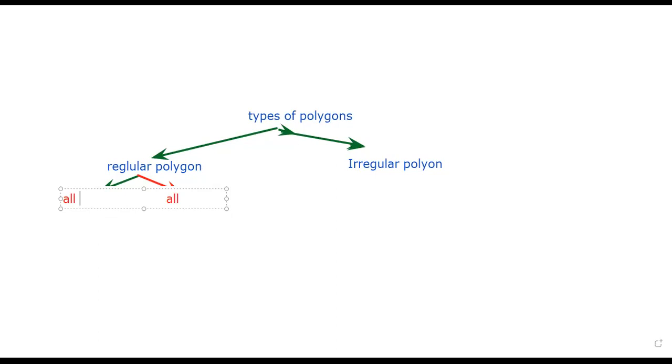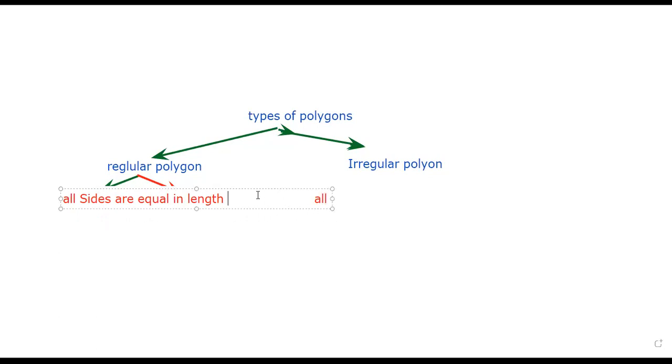All sides are equal in length, right? And the second all means all angles are equal in measure.